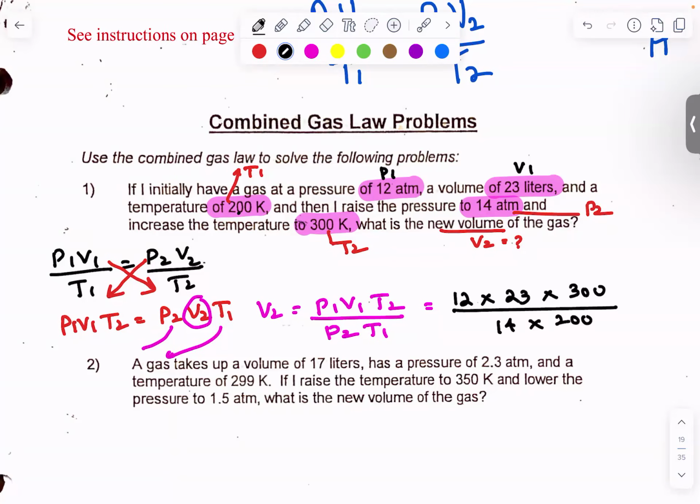So the answer is 29.57 liters, which could be equal to 30 liters as well. But do write both the answers.